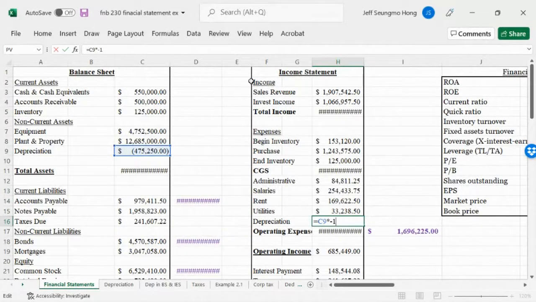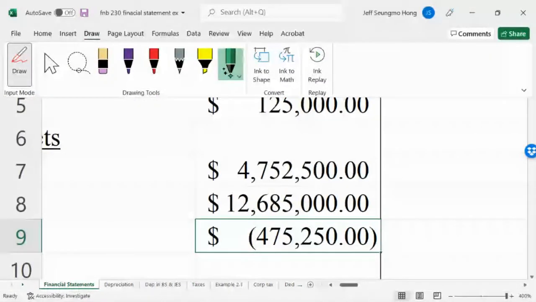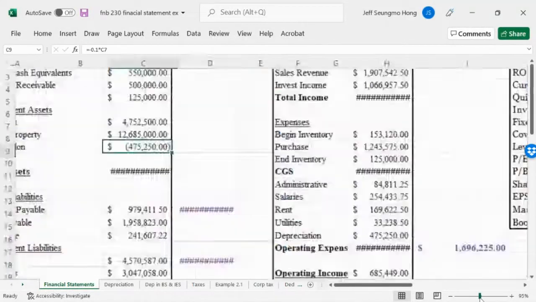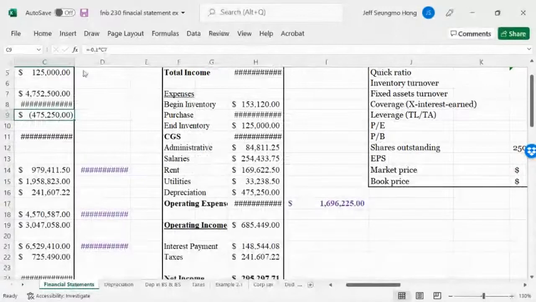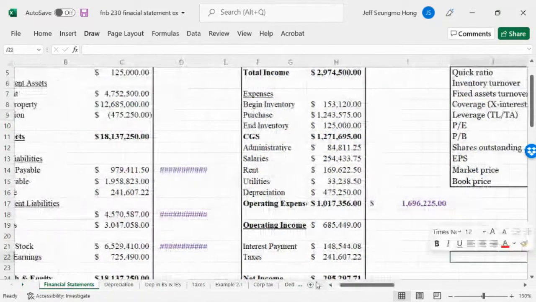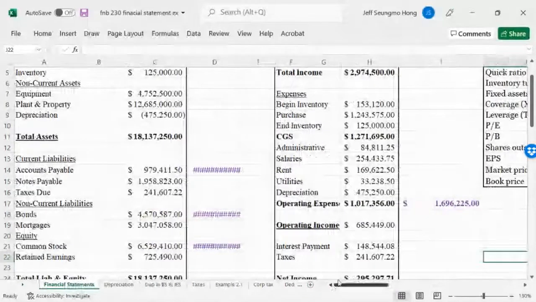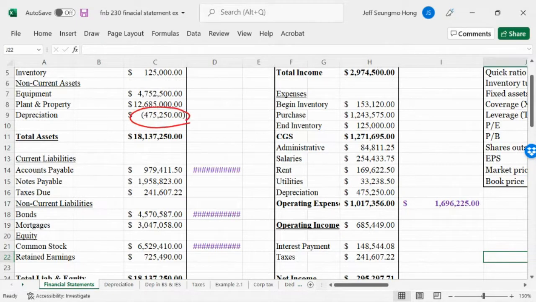Yeah, depreciation is shown here, and the same number is showing here and here. Depreciation numbers must match.